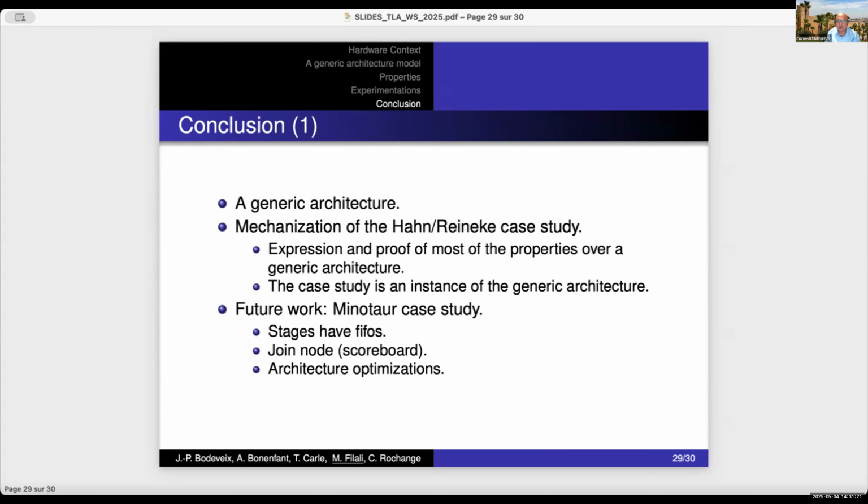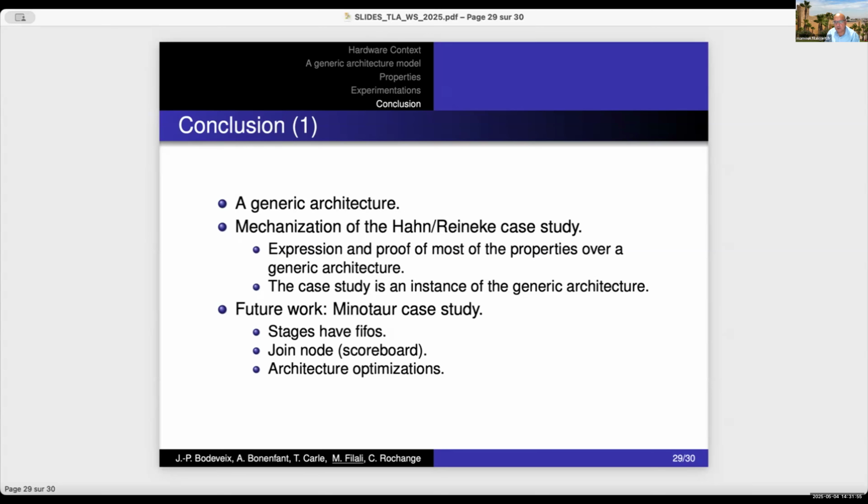architecture we have proposed. For future work, we want to tackle the Minotaur case study in a deeper way, and this is more complex because now we will have stages. The stages have FIFOs, that is, when an instruction leaves a stage, it doesn't go directly to the next stage, but goes to the next stage through an intermediate FIFO.